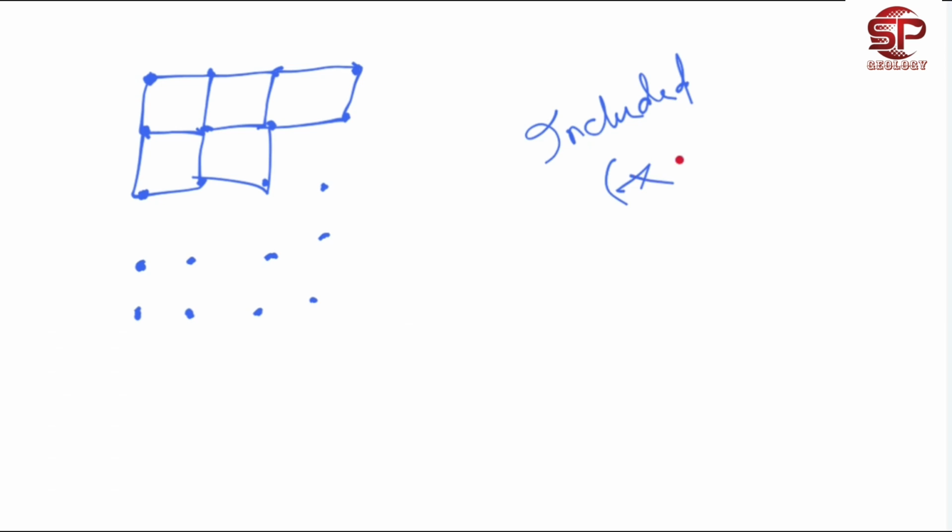If it is excluded area, in included area the area of influence is inside the drill holes, but in excluded area, the area of influence is surrounding the drill holes. So this will be your excluded area.